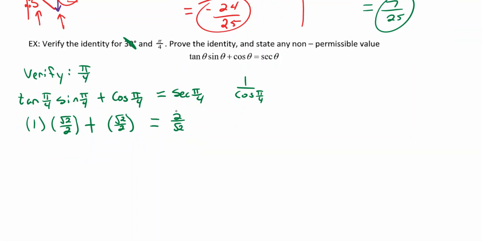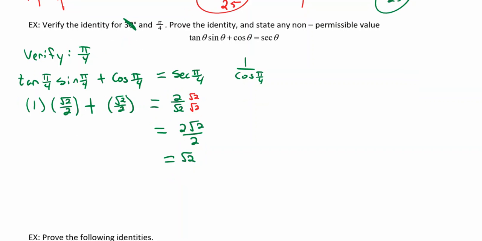But again, I'm not going to leave it that way. Let's write this rationalized. I'll multiply the bottom and the top by root 2, so this would become 2 root 2 over 2, or just root 2.